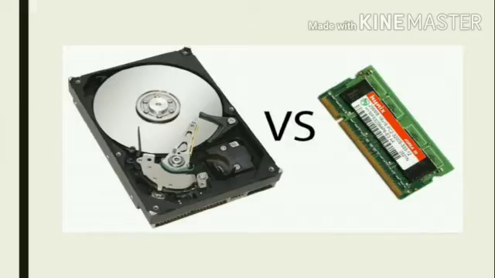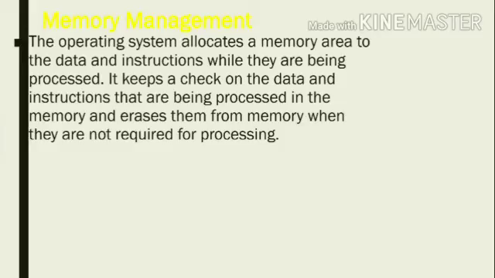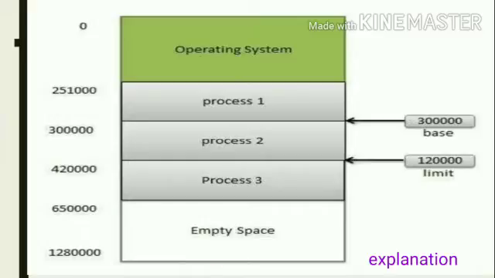The operating system allocates a memory area to the data and instructions while they are being processed. It keeps a check on the data and instructions that are being processed in the memory and erases them from memory when they are not required for processing. For example, in the picture, a RAM has 3 processes and 1 slot for an upcoming process.